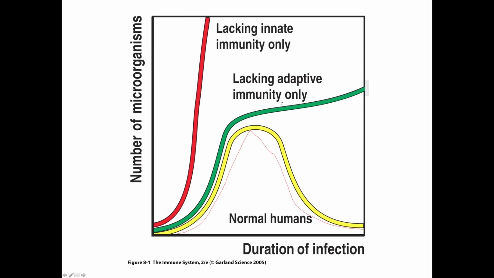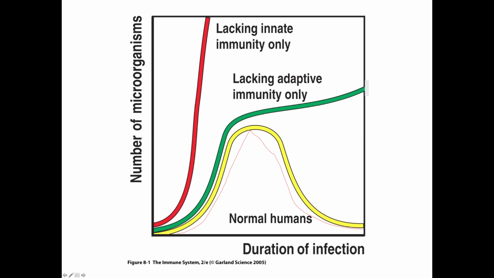Your immune response. If you lack an adaptive immune response, you can see here that the infection goes up, and then in most cases it kind of tails off. The infection proceeds, and maybe death or morbidity happens over the course of the infection.